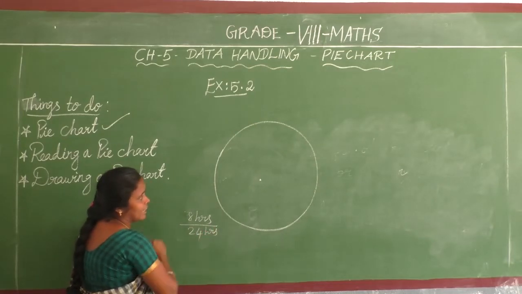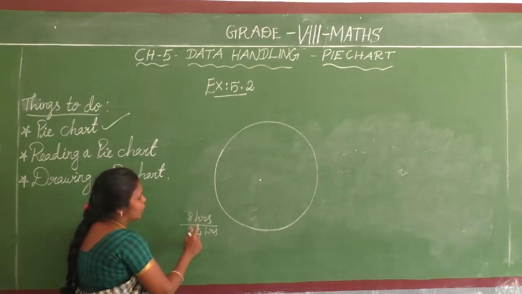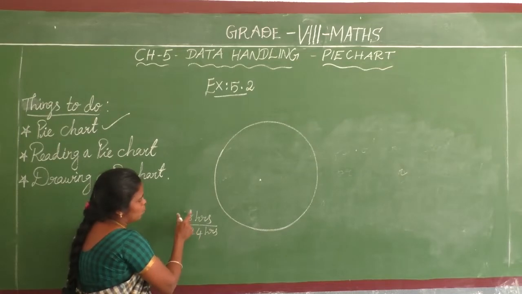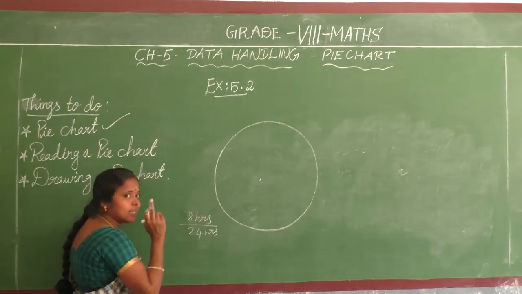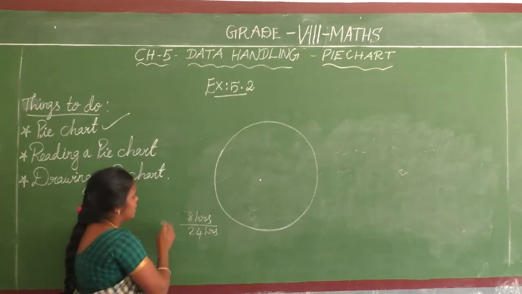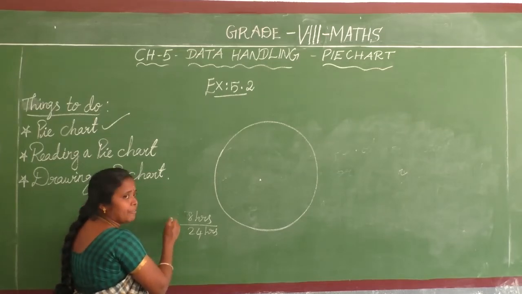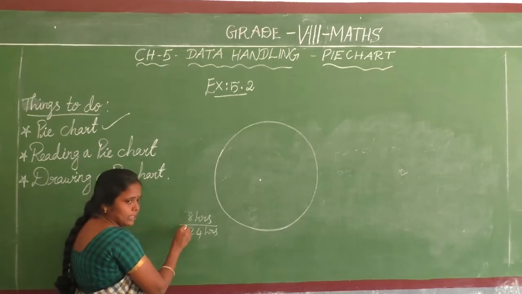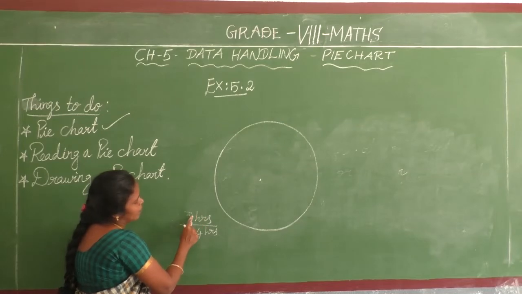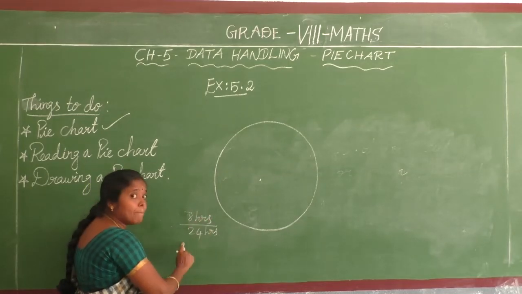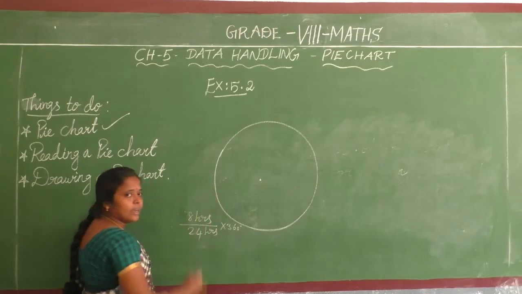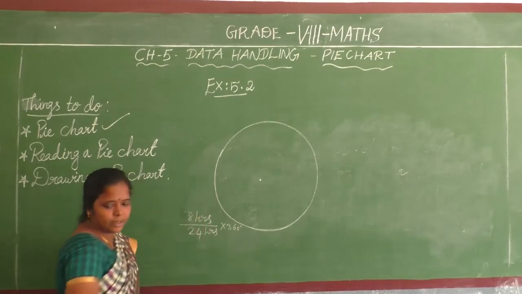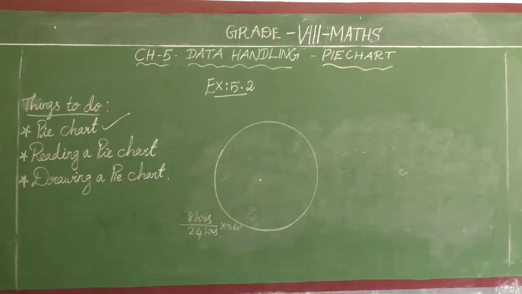Component is nothing but a sector. So the central angle of every sector is equal to the value of the component by the sum of the component values, into 360 degrees. Okay, like that it comes. Clear?